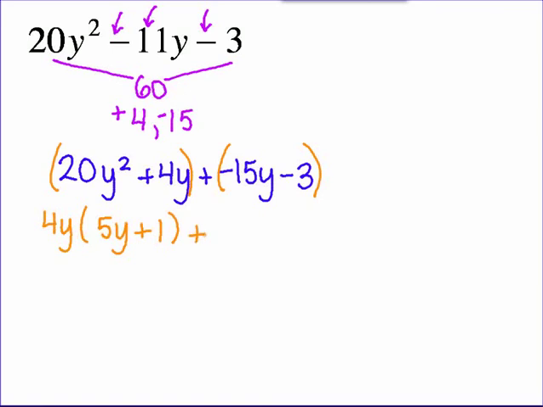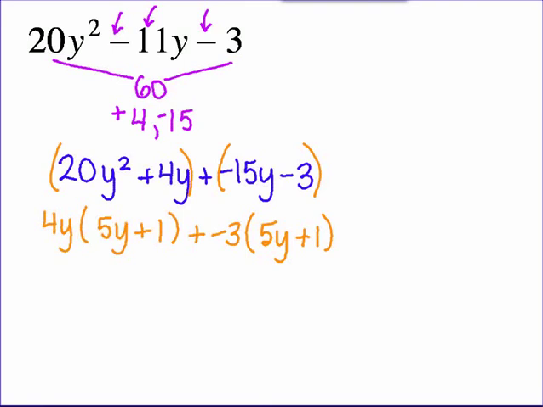Plus, what can you take out from negative 15y and negative 3? Negative 3. Now, for those of you wondering, how would you know negative 3? If I look at this, this needs to be a positive 5y. So in order to get a positive 5y from negative 15y, you need to take out a negative 3. So here I get 5y plus 1.